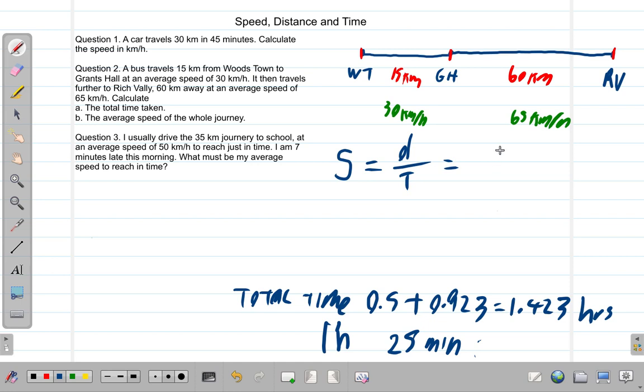So the total distance is 15 kilometers plus 60 kilometers, which is 75 kilometers, divided by the total time. Let's put the time in hours, 1.423 hours. So, 75 over 1.423.